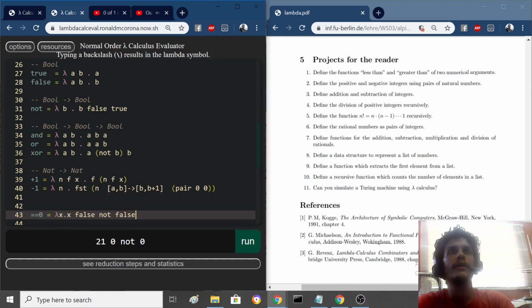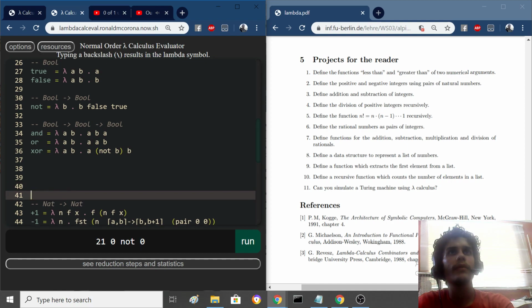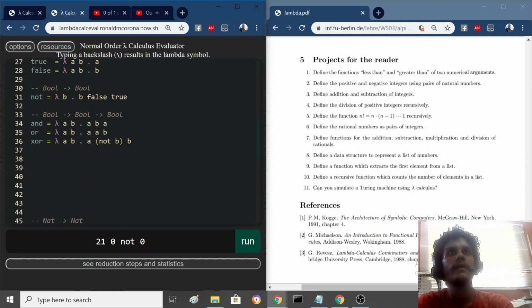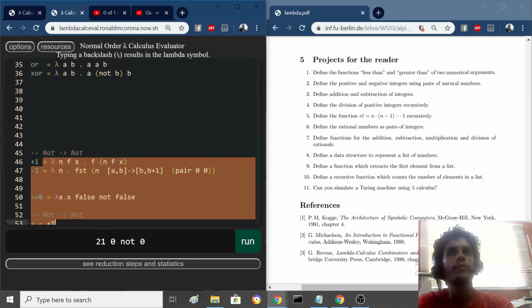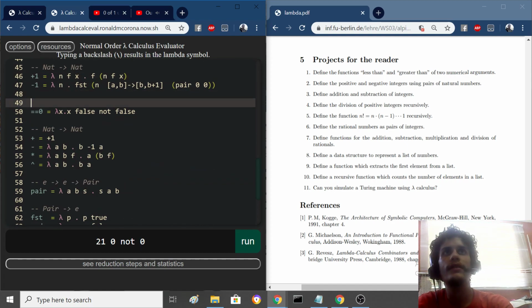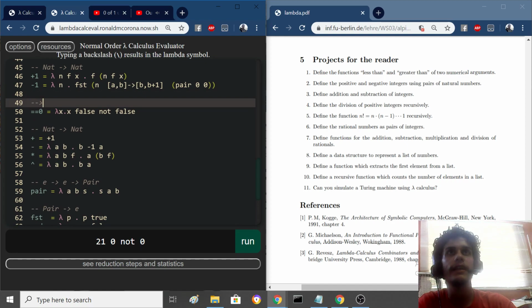I'm just going to separate some stuff here, because this is natural number stuff, and this is all Boolean stuff. So this equals 0 function is for the natural numbers. It takes a natural number and it tells us true or false, is it 0, so it returns a bool.